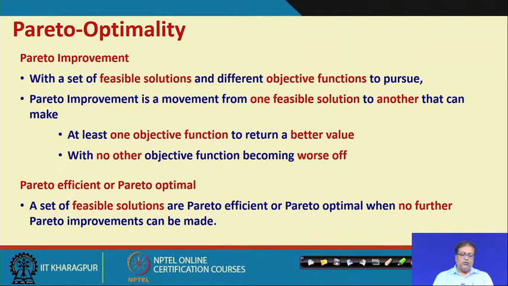Now, consider you are doing Pareto improvement and finally you are left with a set of feasible solutions where no further Pareto improvement can be made. Then that set of feasible solutions can be called the Pareto efficient or Pareto optimal solutions. That is how to define Pareto optimality.